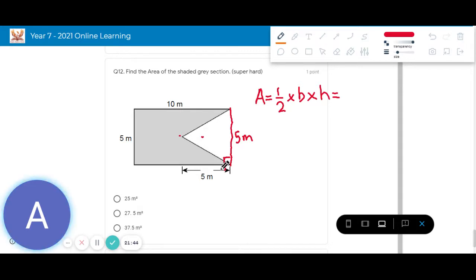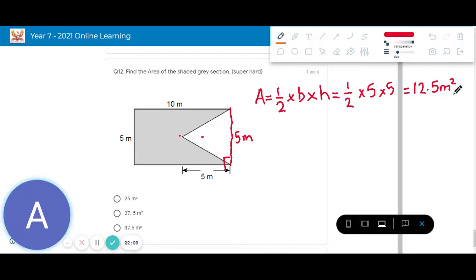So you can see that this height is the perpendicular height. So we've got a base of 5 and a perpendicular height of 5. So our area of our triangle is going to be a half times 5 times 5. So our area is 12.5 square meters.